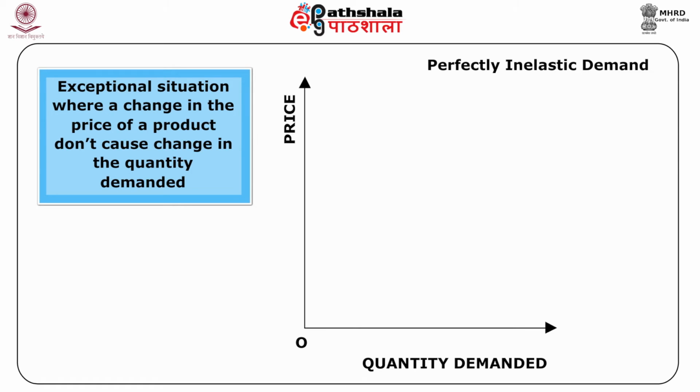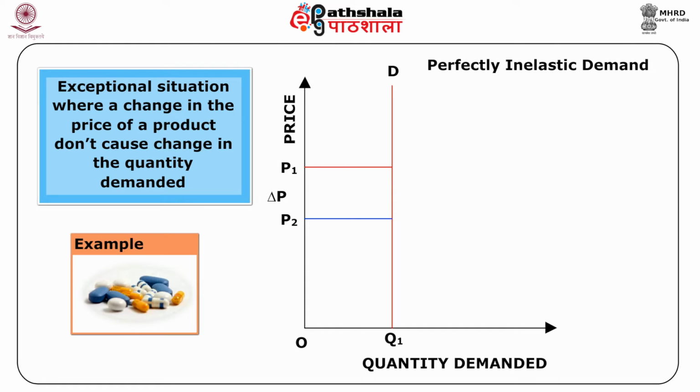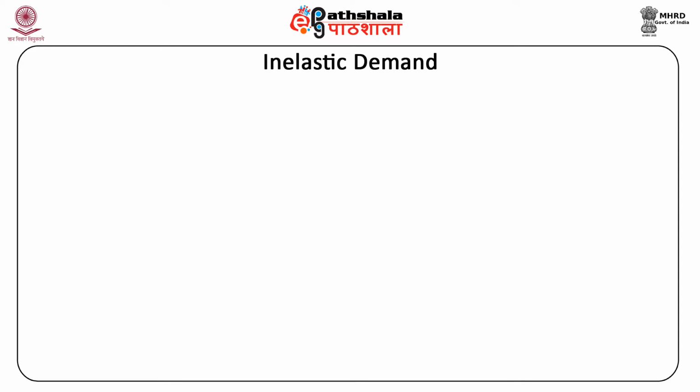In this case, the elasticity of demand is equal to 0. Here, the demand curve is a vertical line parallel to the y-axis, showing that the same quantity of a commodity is demanded even when the price of the commodity increases from P1 to P2. Essential commodities like medicine have perfectly inelastic demand.